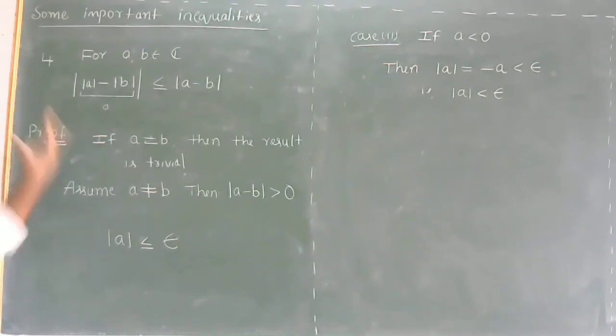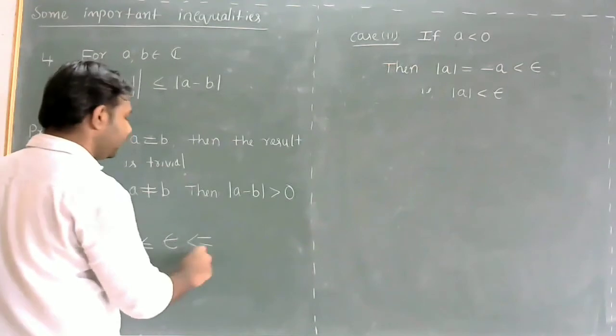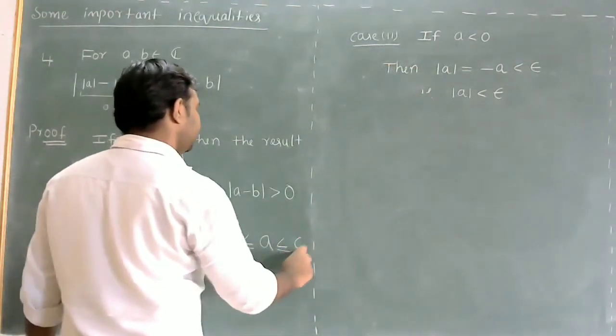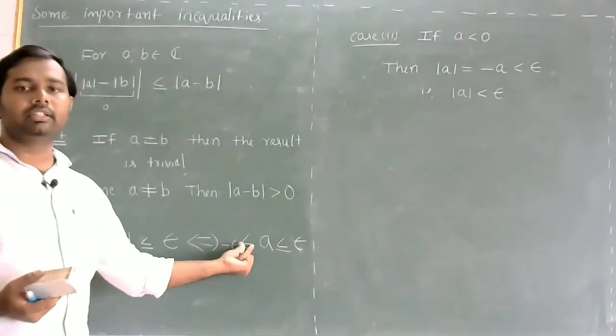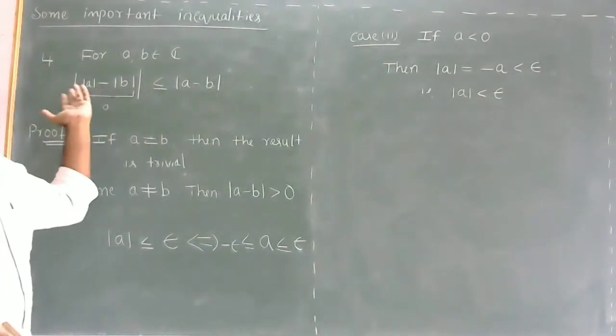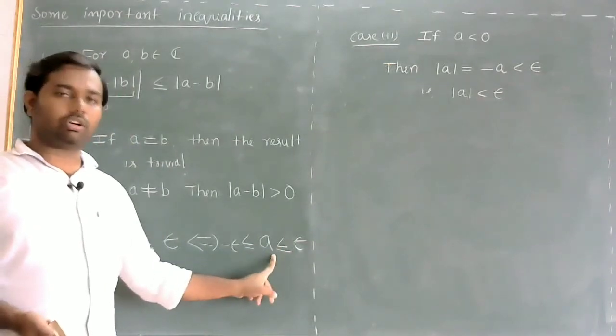So we have proved that modulus of a will be less than or equal to epsilon if and only if a lies in between minus epsilon and plus epsilon. Where we have used strict inequality, you can take less than or equal to also. So the previous inequality, the third inequality, is true for less than or equal to also.